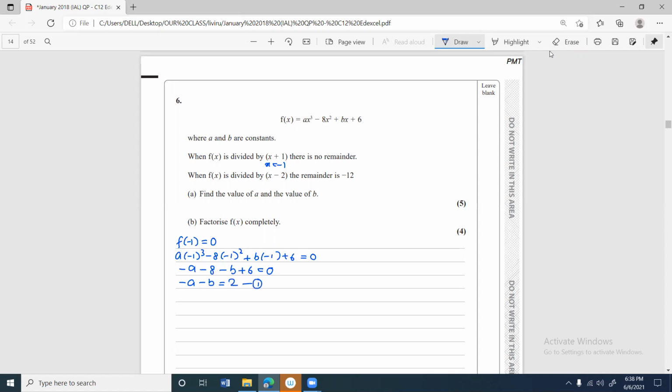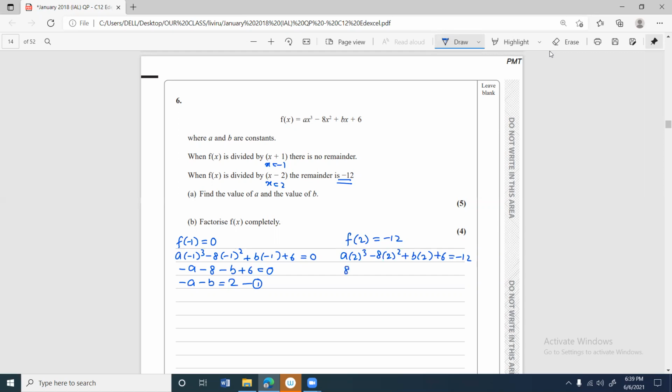Then when f(x) is divided by x minus 2, meaning x equals 2, the remainder is minus 12. That means f(2) is minus 12. We can say a times 2 cubed minus 8 times 2 squared plus b times 2 plus 6 equals minus 12.